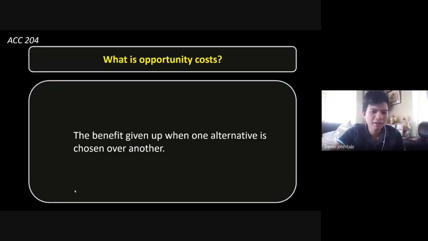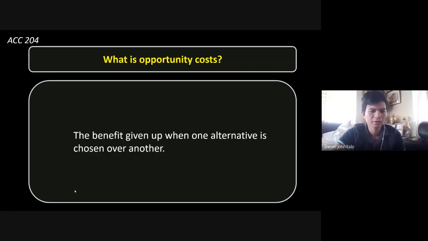Opportunity cost is the benefit given up when an alternative is chosen over another. So in every alternative or in any option, there would always be an opportunity cost. Kasi kaya nga nagkaroon ng different alternatives because there would be a benefit that can be obtained for such alternatives.